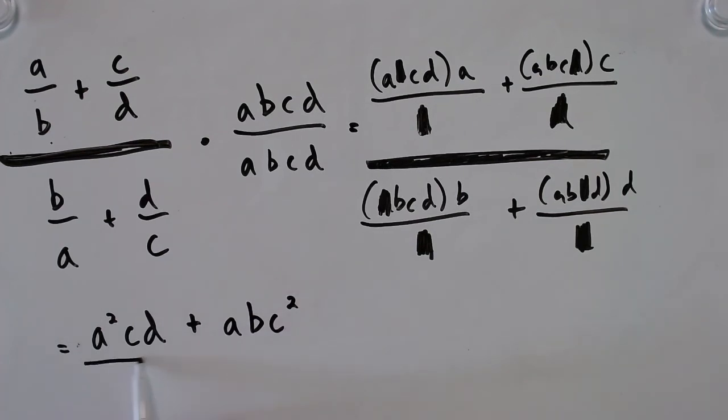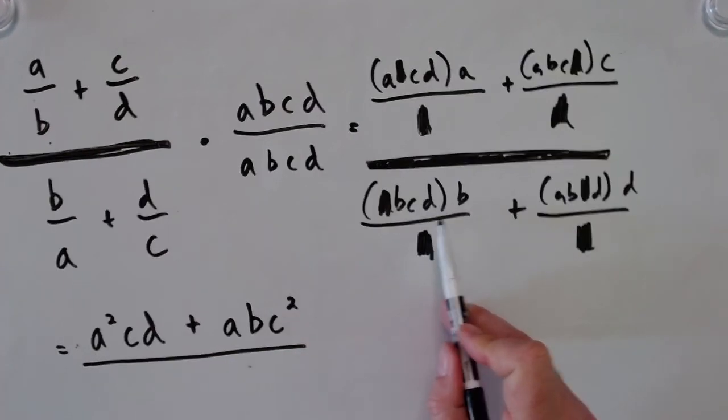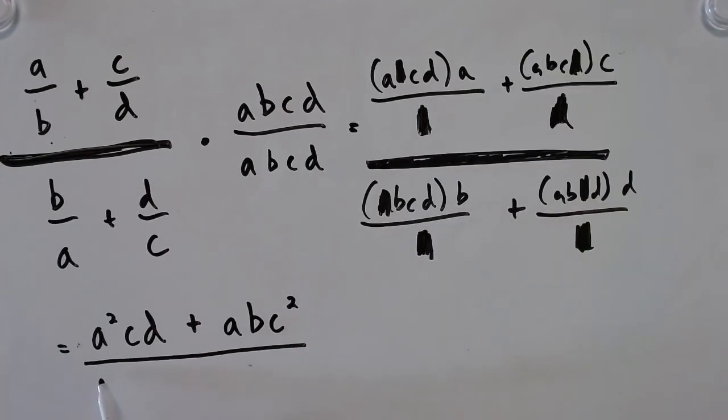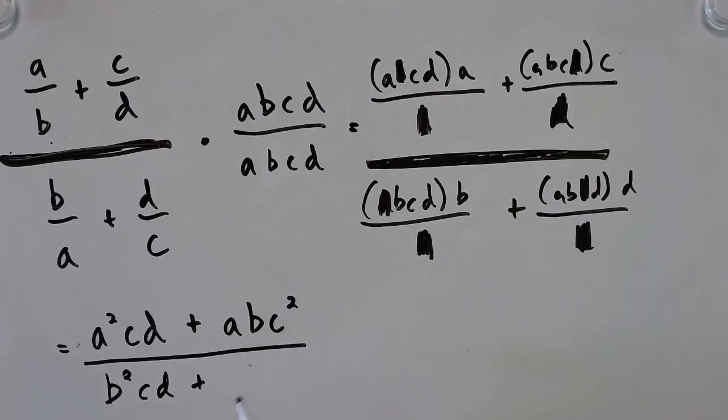All over, again, this is the fat bar, whoops, B, C, D times B, so that would be B squared C, D plus A times B times D times D. A, B, D, that's a B, squared. And that's it. We can't simplify this expression any further.